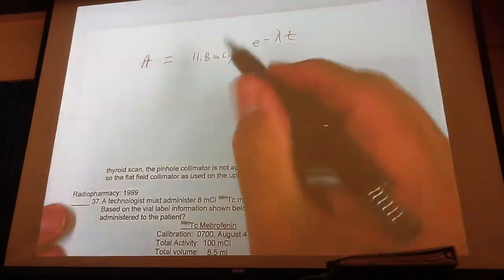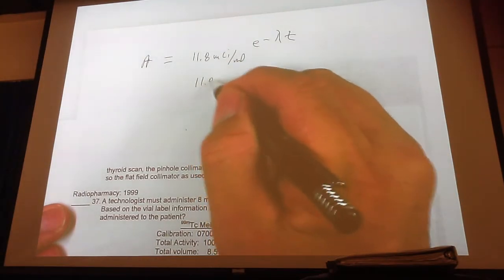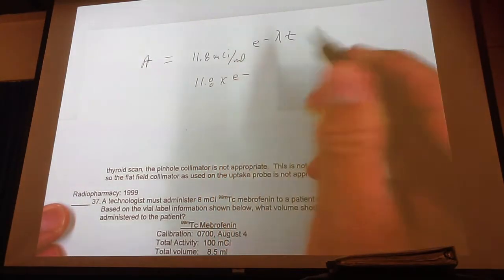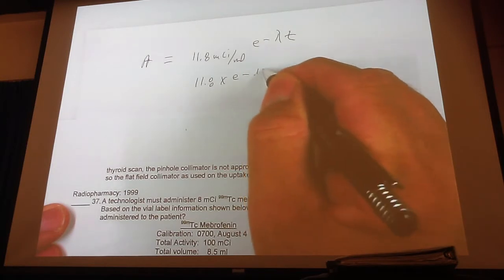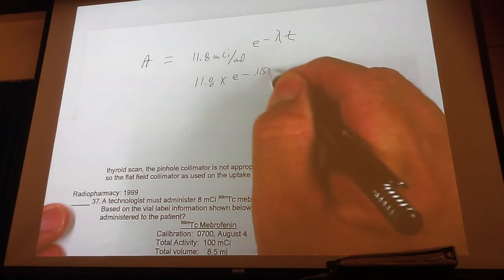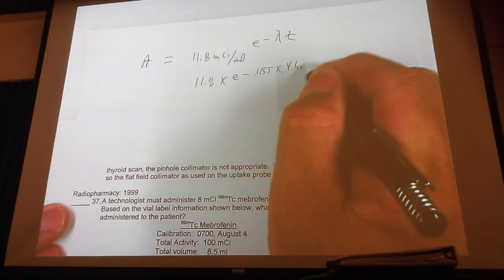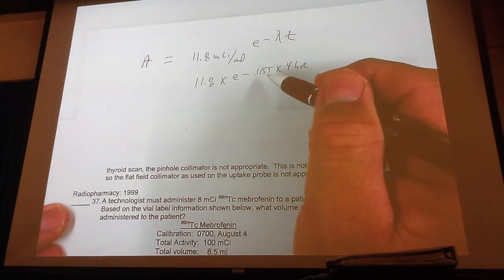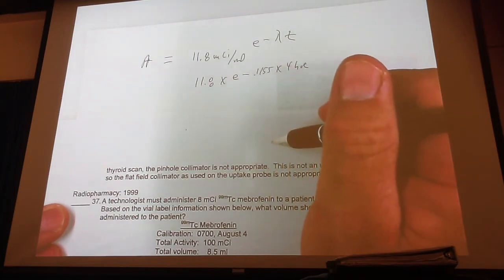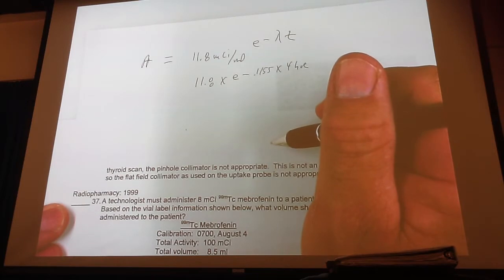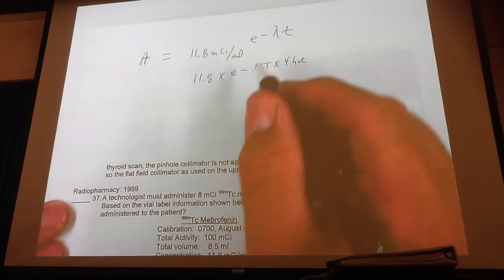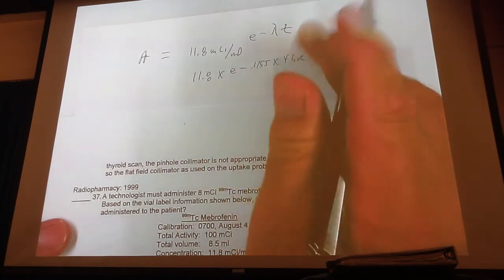So 11.8 times e to the minus 0.1155 times 4 hours. That's about minus 4.6.